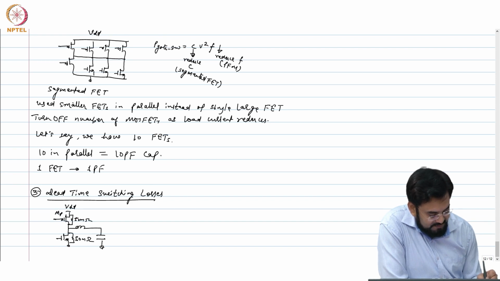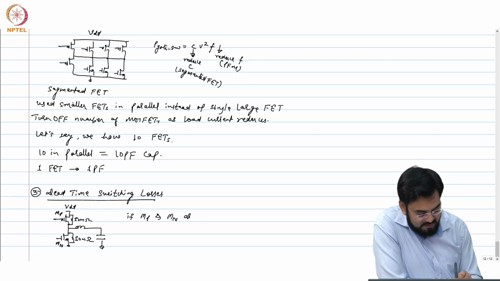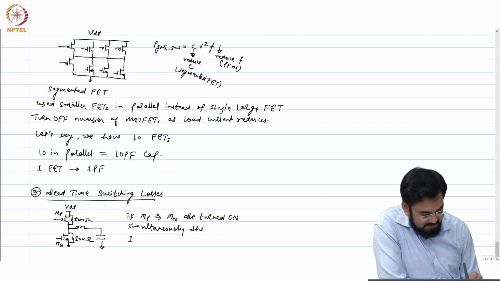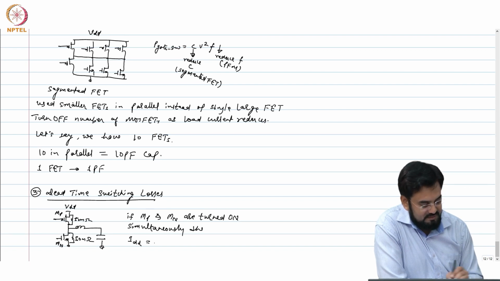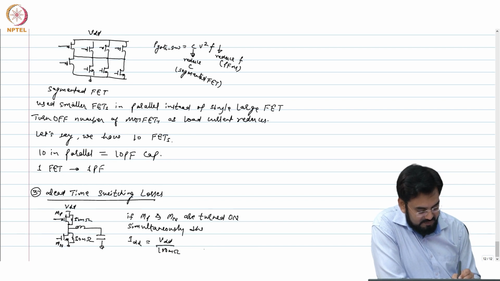So this is empty, and MA turned on. What will be the IDD current? 500 milliohm.